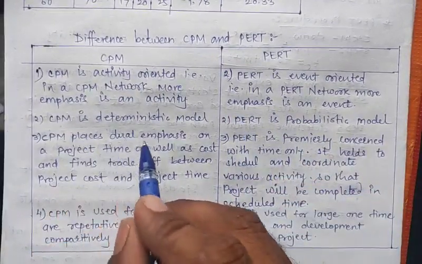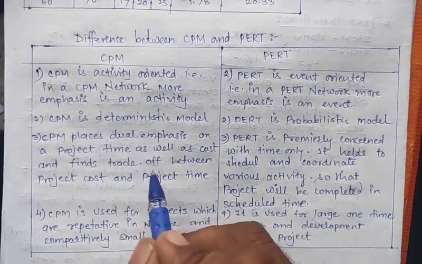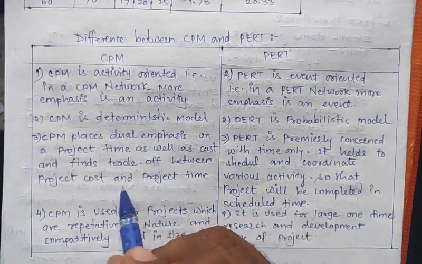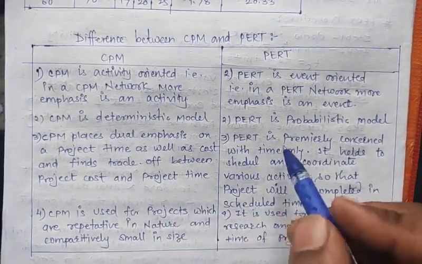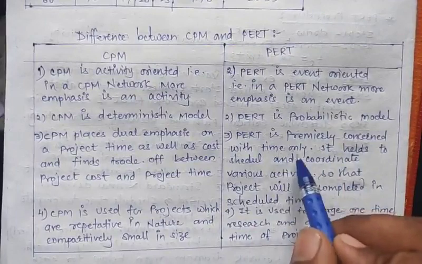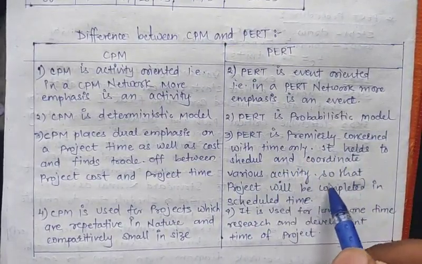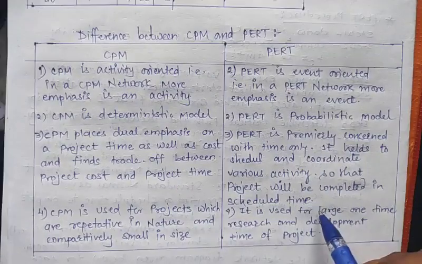CPM places dual emphasis on project time as well as cost, and funds a trade off between project cost and project time, while PERT is primarily concerned with time only. It helps to schedule and coordinate various activities so that the project will be completed in scheduled time.